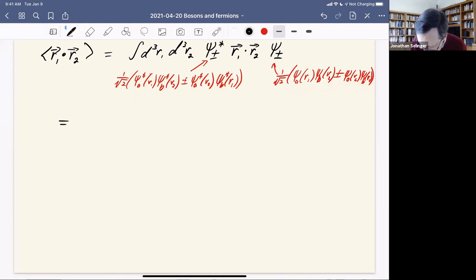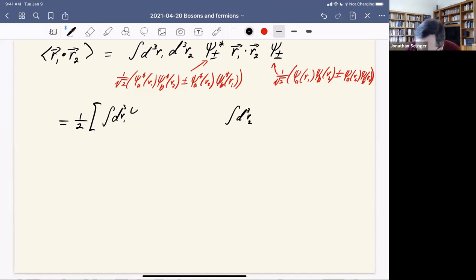There's an overall factor of 1/2 because of the 1 over root 2 times 1 over root 2. Let's first do the term with the first stuff here times the first stuff here. Once again, same as yesterday, I'm going to write the R1 dependent stuff out here and the R2 dependent stuff over there.